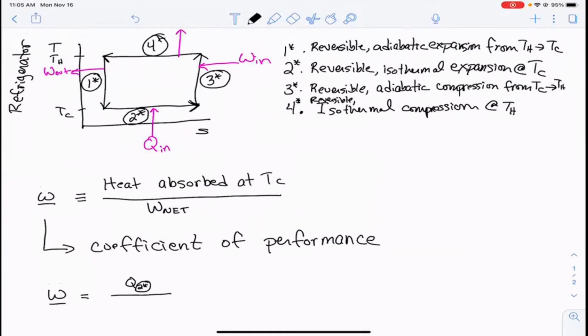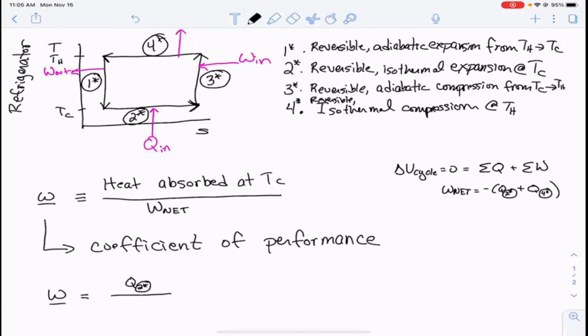of work. Well, remember, we've said this a couple times, that delta U for a cycle equals 0, and that is equal to the sum of the heat steps plus the sum of the work steps. And if that's true, then the net amount of work that is performed is just equal to minus the sum of the Q's, or minus Q2 star plus Q4 star.